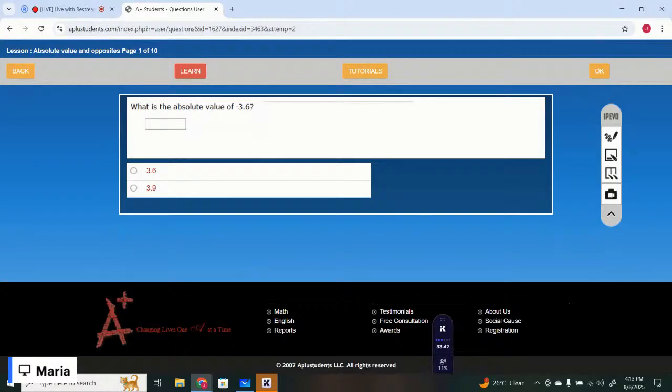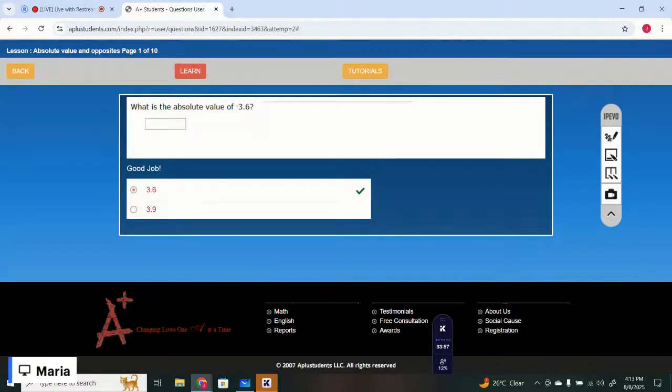What is the absolute value of negative 3.6? So absolute values are always the positive values, right? So the absolute value of negative 3.6 is 3.6. Option number 1 is the correct option.